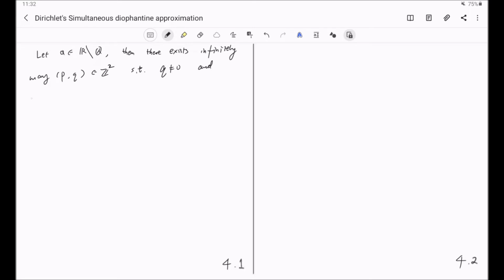and p, q coprime, so the GCD is 1, and you have this approximation error bounded by 1 over q.